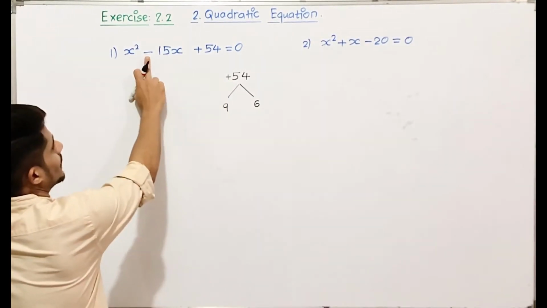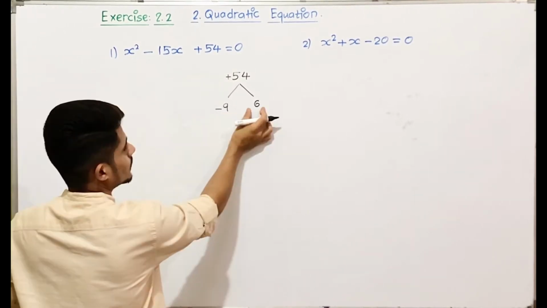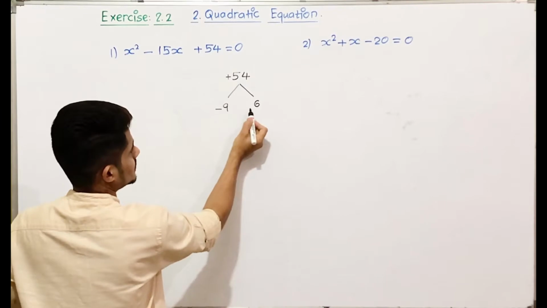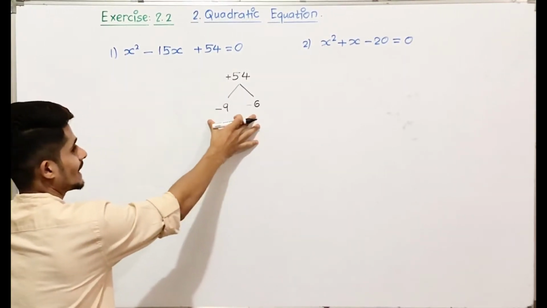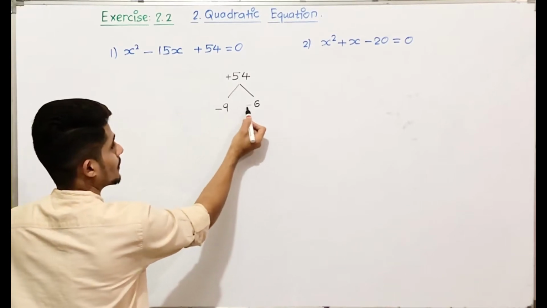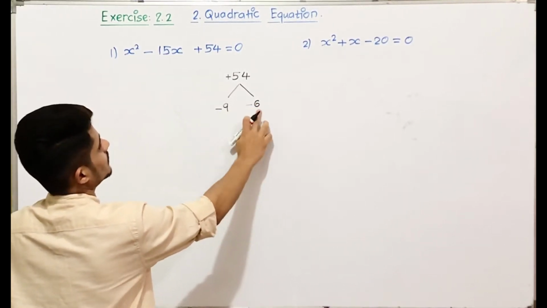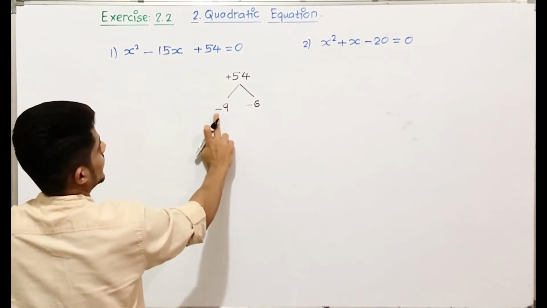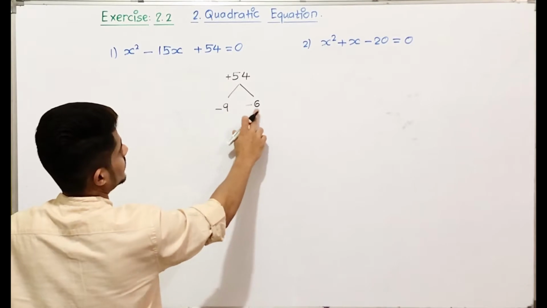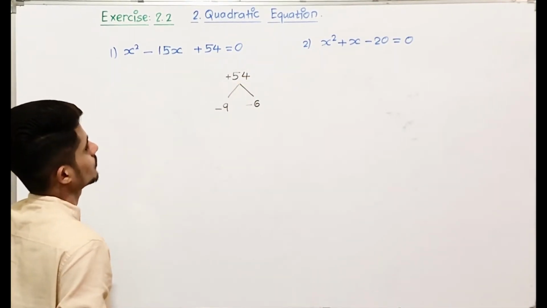But we want minus 15. So we'll take minus 9 and minus 6, that is minus 9 minus 6. Minus minus is plus, 9 plus 6 is 15, with the sign of the bigger number, minus 15, and minus 9 into minus 6 is plus 54.